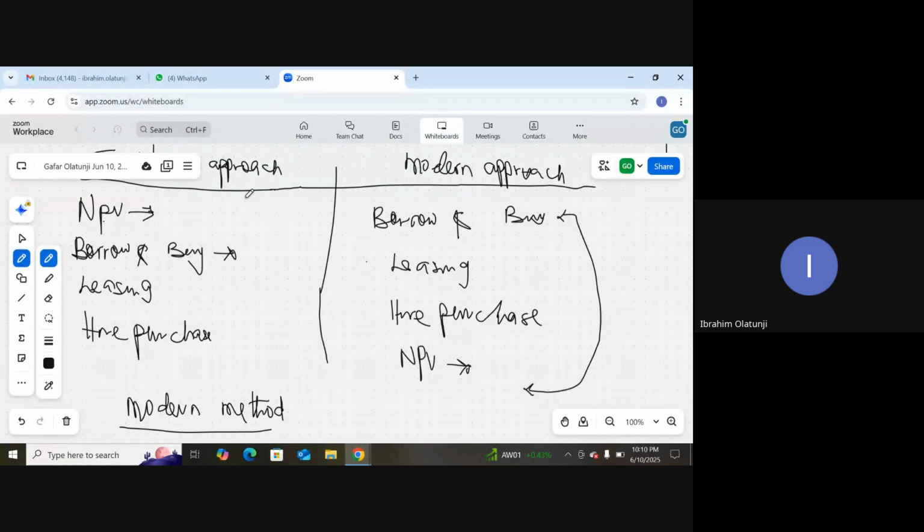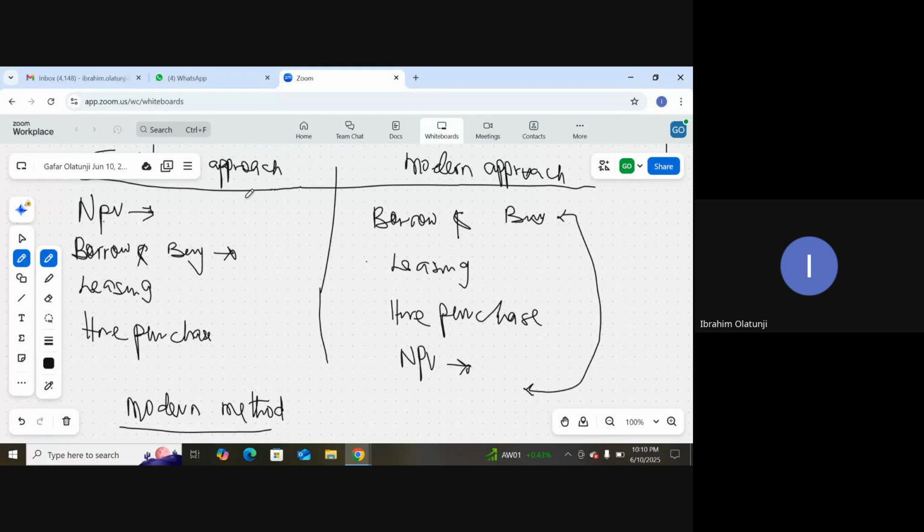for NPV under which method? Under the traditional approach. That is, you need the initial outlay. You need the tax savings on the capital allowance. You need scrap value.